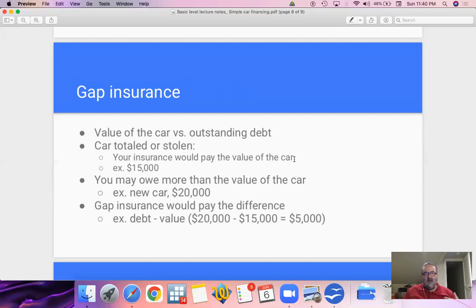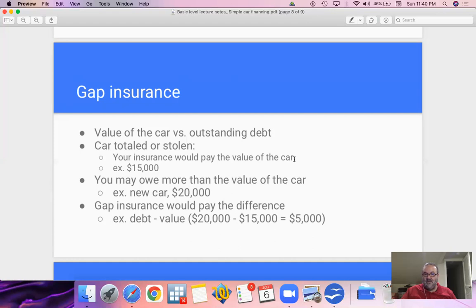So, if your car gets totaled or stolen the first year, your insurance company will say, "Okay, we'll pay you $15,000. That's the value of the car." So you receive a check for $15,000. And then your loan says, well, there is no car. Now you have to pay the whole thing. There is no car anymore. They're going to call the loan.